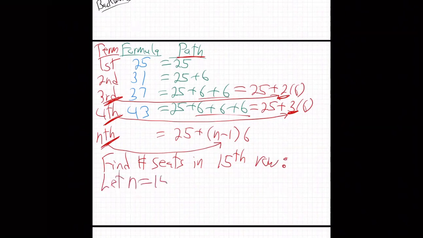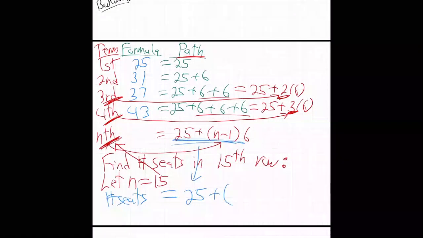Let n equal 15, right? 15th row. So this formula will then equal the number of seats will equal this formula right here. 25 plus n minus 1 times 6, plug in n, 15.